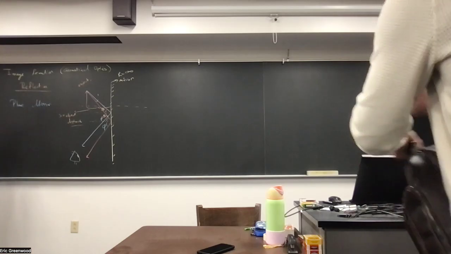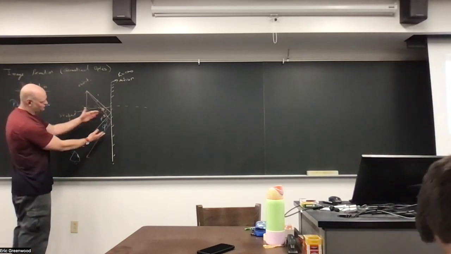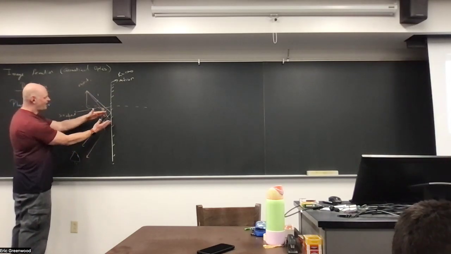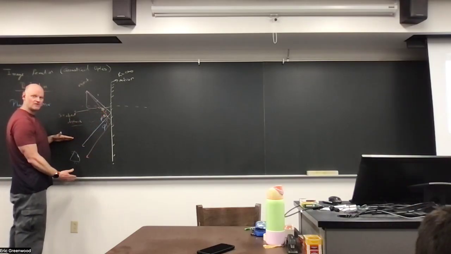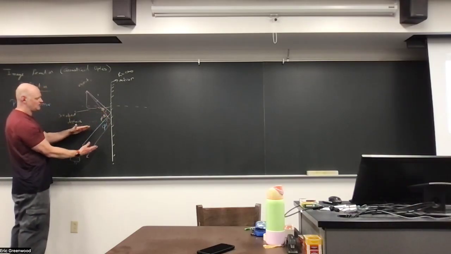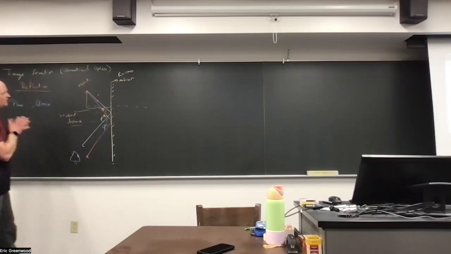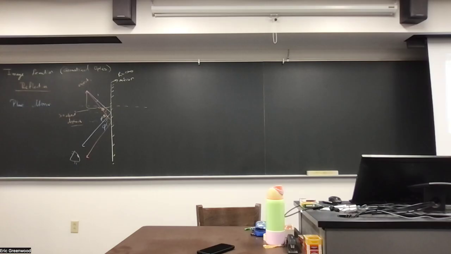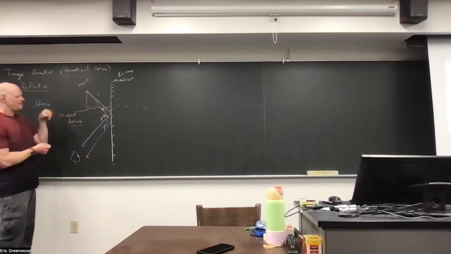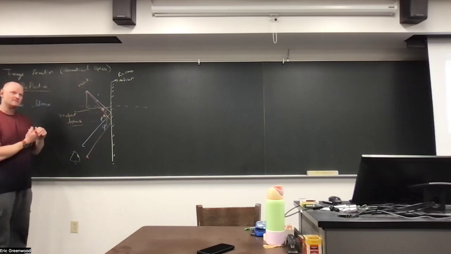The first thing to notice is, if I drew this properly, these two lines are diverging away from each other, which means they will never actually cross each other. So what my eye does to see this image, as we talked about before, is that our eyes are kind of stupid objects.